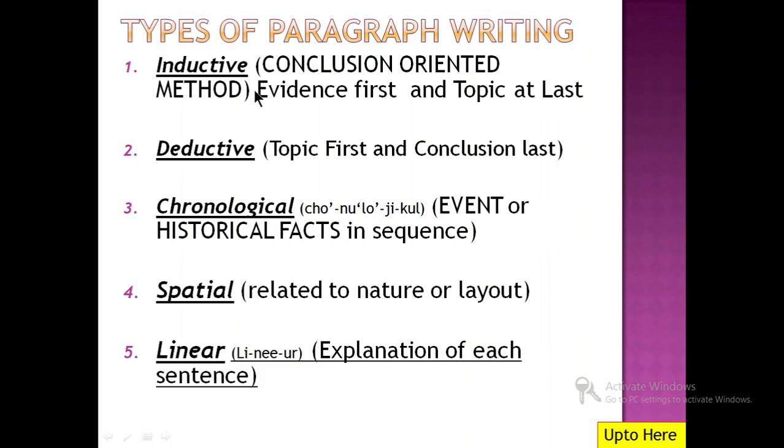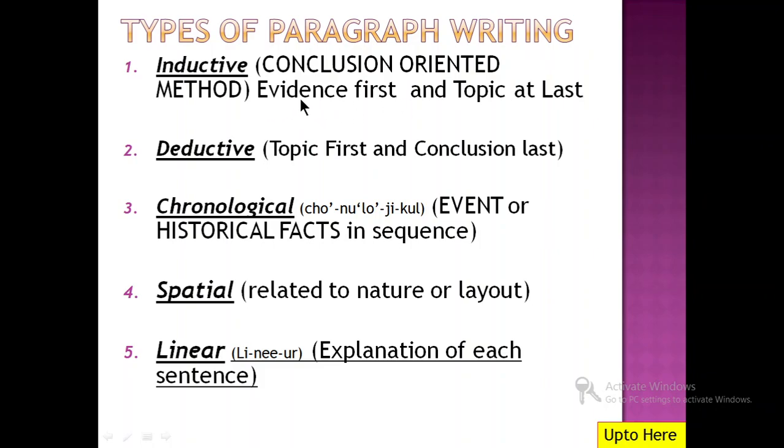क्या ये पॉसिबल है? Is it really possible to introduce the conclusion without giving any detail to people? आप डायरेक्टली अपना कंक्लूजन दे दें, क्या ये पॉसिबल है? Not at all, not at all. कोई भी संभव ही नहीं है till the time you are not saying anything about, like you are not giving any detail of something. सो इंडक्टिव ऑर्डर में कंक्लूजन को देने के लिए आपको कुछ एविडेंसेस देने पड़ेंगे.